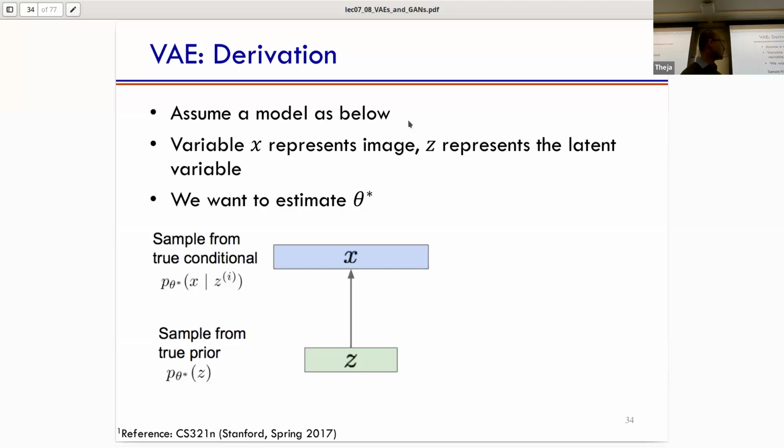Now, why are we going this route? The whole point is that in an autoencoder, we are just focusing on compression, like PCA. It's just about dimensional reduction, but we care about sampling. If you have a graphical model, if you have random variables, then we can do samples. So there's an explicit joint distribution here, and so we can sample from Z, which we want to impose as Gaussian.